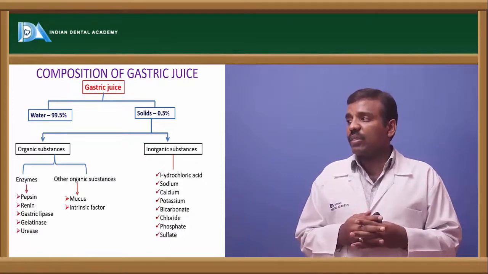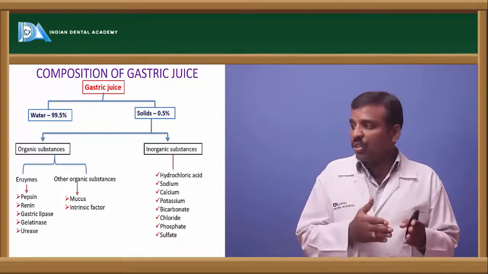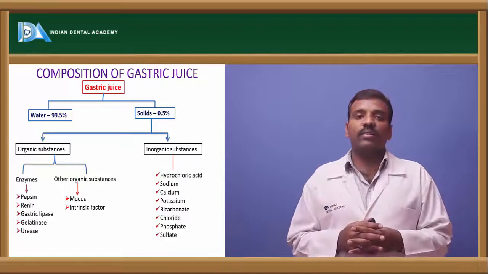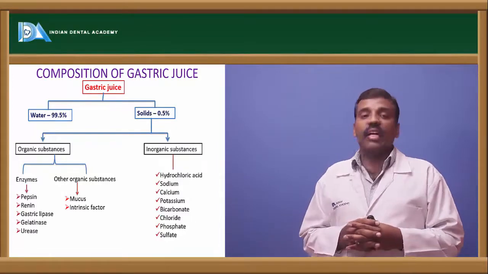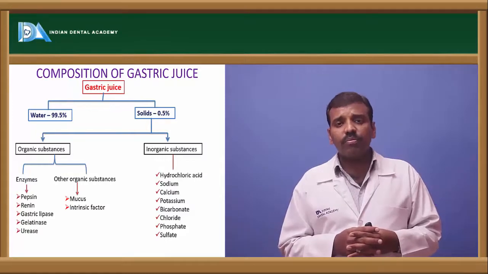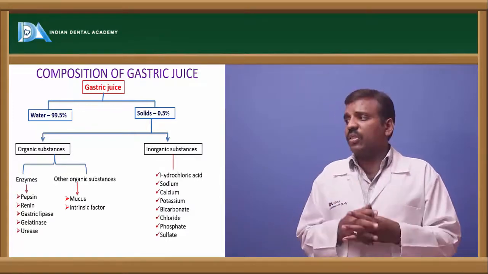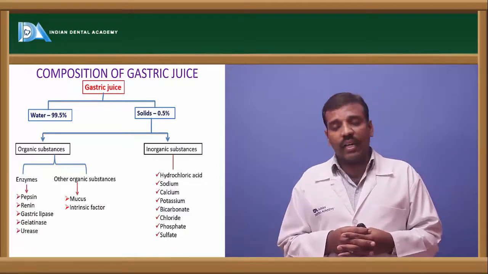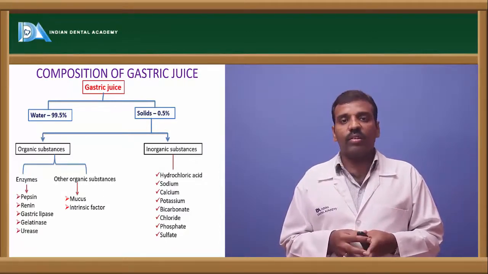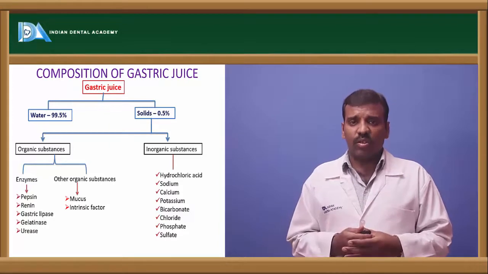The organic substances are of two types: enzymes and other organic substances. The other organic substances are mucus and the intrinsic factor. The enzymes are pepsin, renin, gastric lipase, gelatinase and urease. These are the enzymes present in the gastric juice.